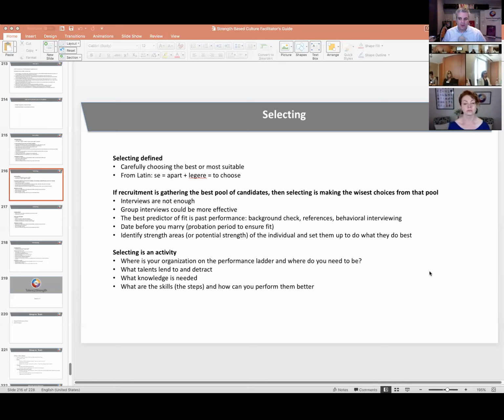So if you know what you're looking for, you can gear your interview toward that, and you can gear your calls to references. I know it's always difficult because people are afraid to be honest about employees they've had. But if you can gauge their past performance, I think that's really going to tell you a lot right there.